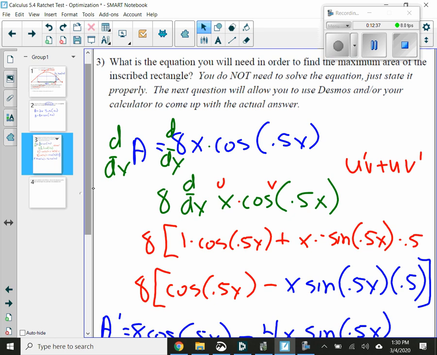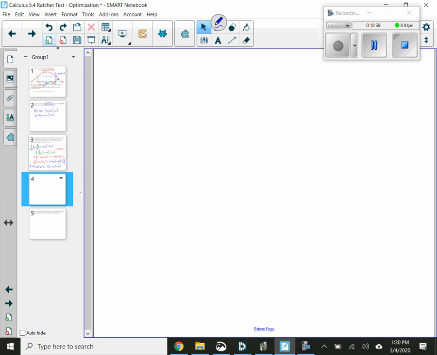Why do I have to pull the 8 through the derivative? Because the 8 applies to not just the x, it also applies to the cosine 0.5x, right? So really this is the same as if my function was a times b times c.